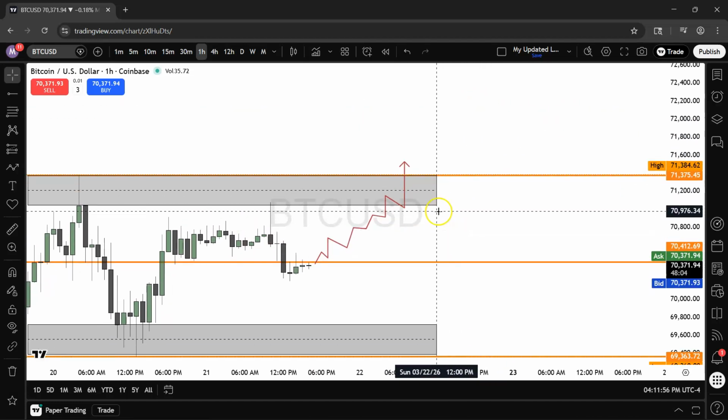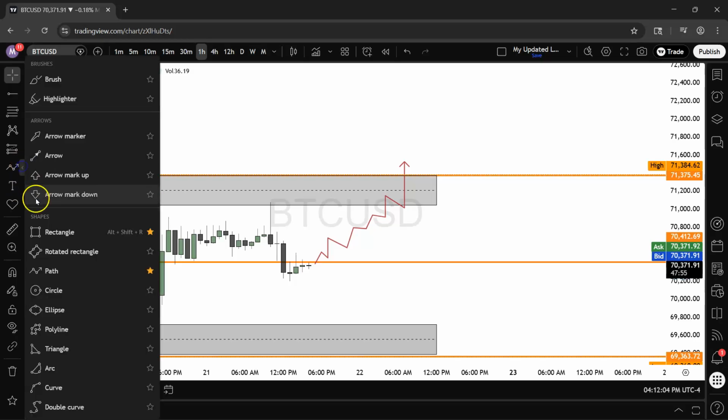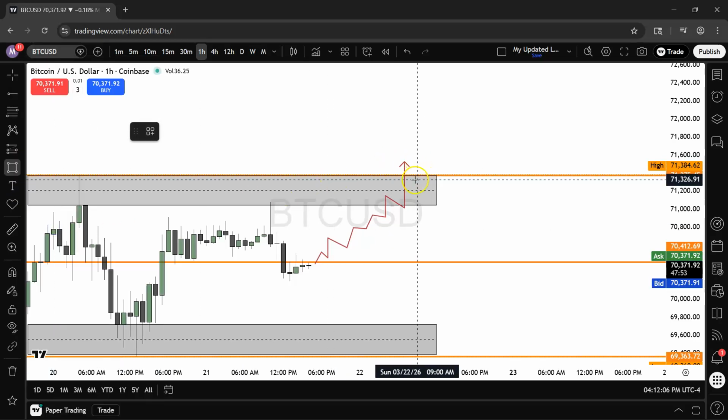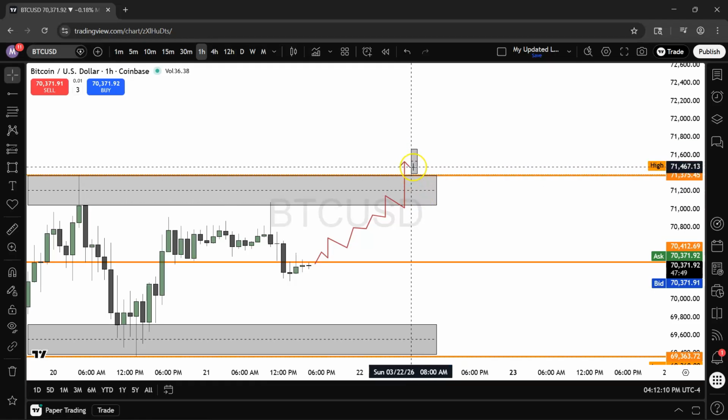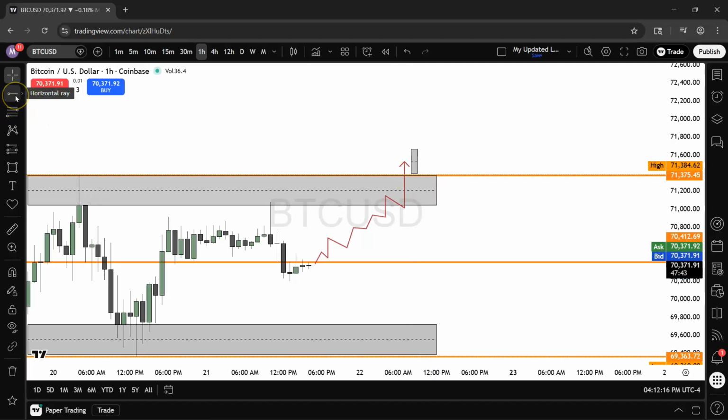what I'm looking for it to do, and I guess I could put a box there as well, just to show you that if a candle closes above this line, I'm looking for buys.